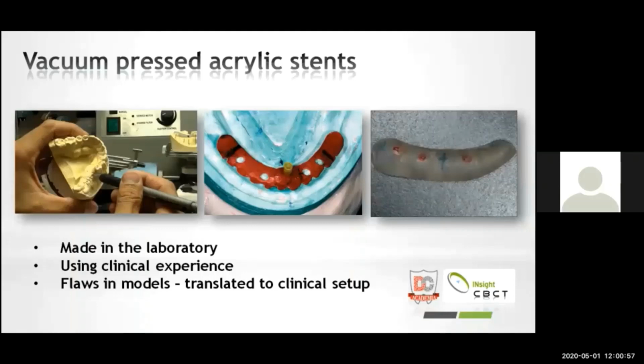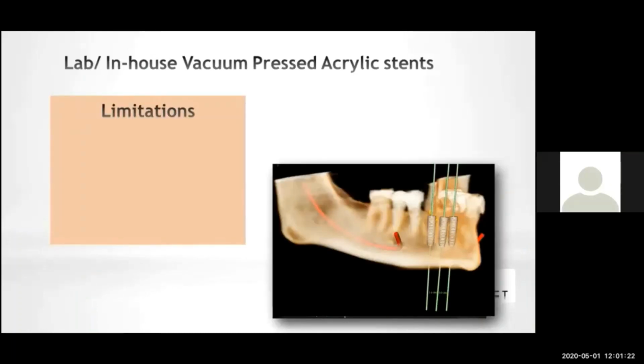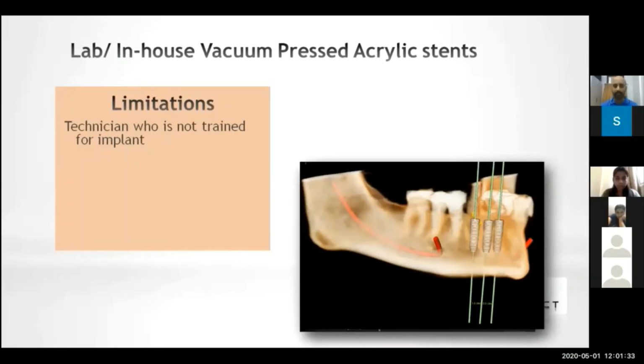This is how vacuum pressed acrylic stents were earlier fabricated. These were made in the laboratory, primarily based upon clinical experience, and were quite anecdotal. A lot of flaws used to be transmitted from the laboratory setup into the clinical setup. The angulation could be a little vague and the depth could never be ascertained using these stents. They were usually made by a technician who was not trained in implantology.